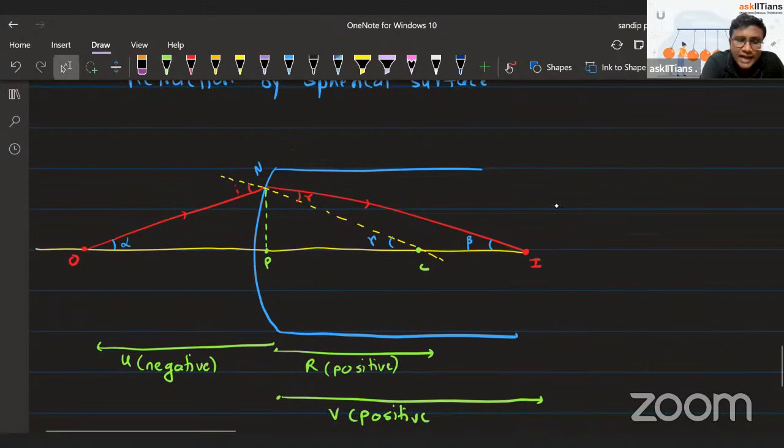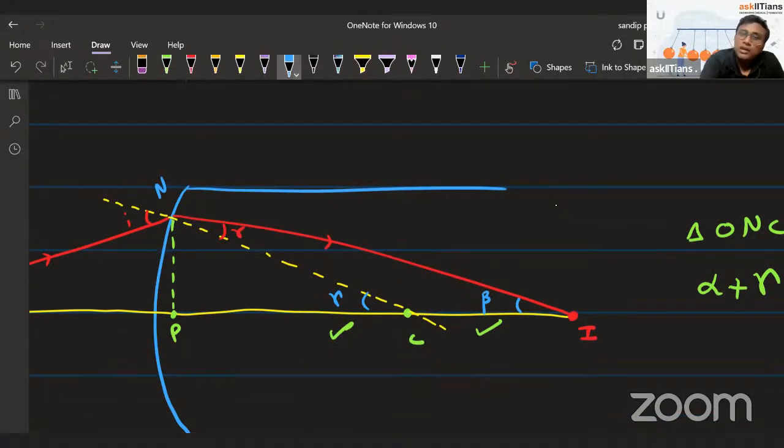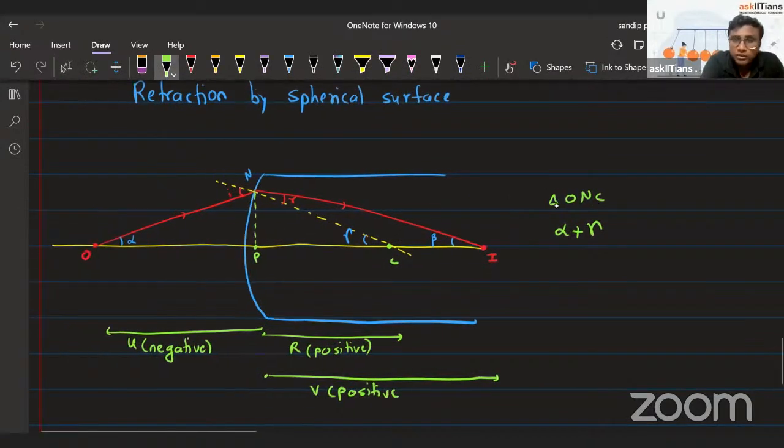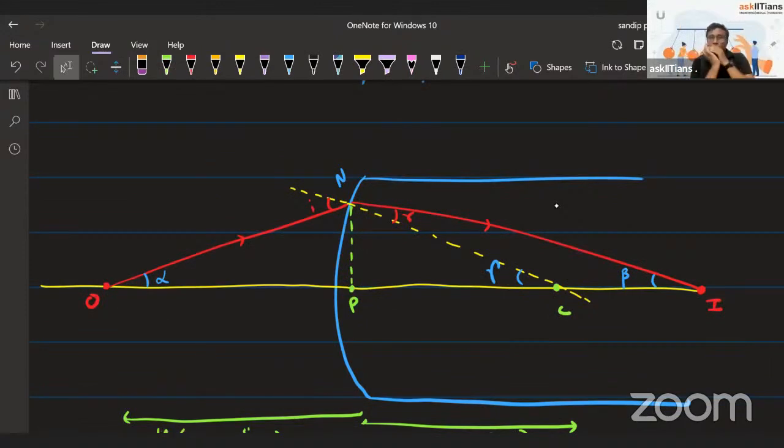Then let's take triangle O, N, C. In this triangle, alpha plus gamma is equal to I. Don't get confused between gamma and R. Focus on triangle ONC: alpha and gamma are the internal angles of the triangle and I is the external angle.